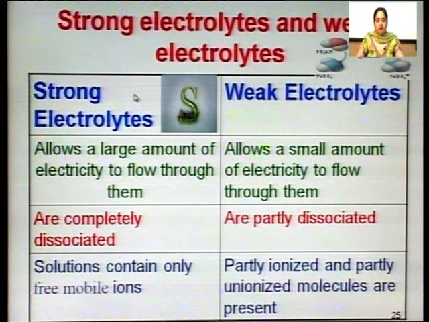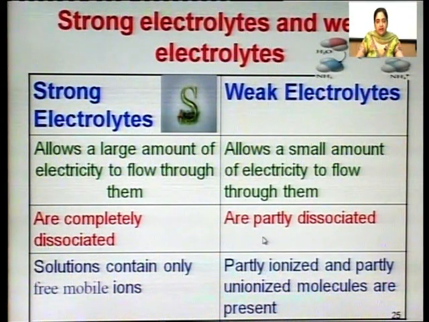Strong electrolyte. What is the difference between strong electrolyte and weak electrolyte? Strong electrolytes allow a large amount of electricity to flow through them, and weak electrolytes allow a small amount of electricity to flow through them. Strong electrolytes are completely dissociated.